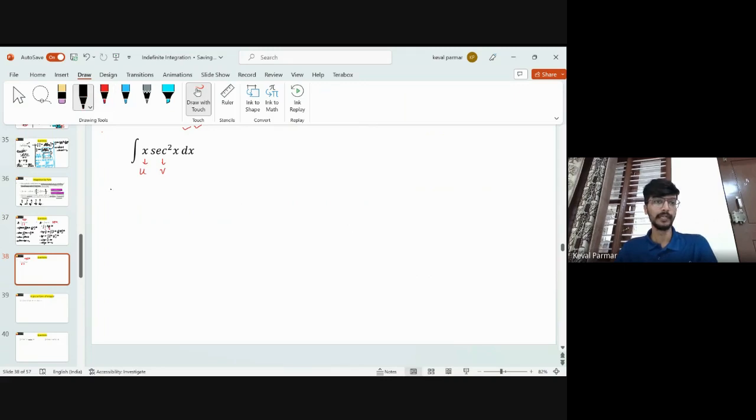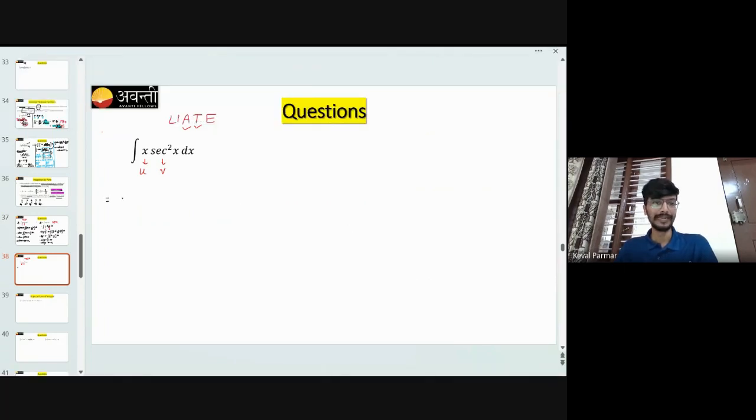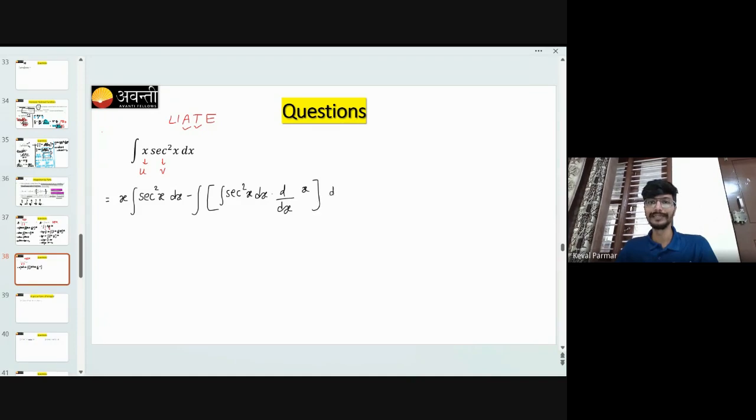What is the formula again? u times integration of sec square x dx minus integration of sec square x dx into derivative of u, the whole dx.